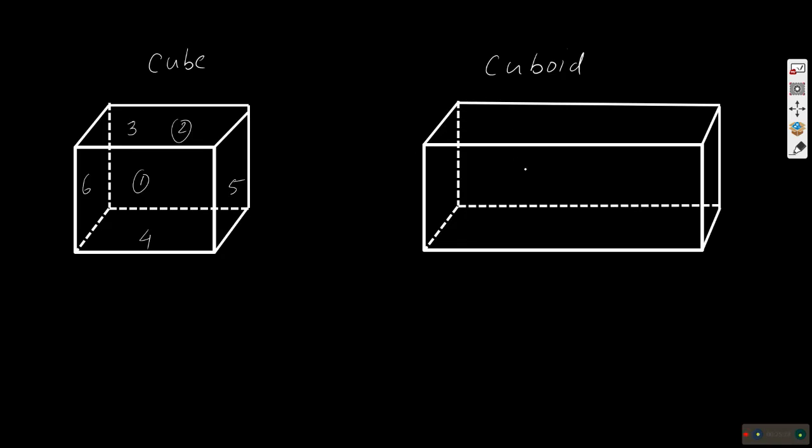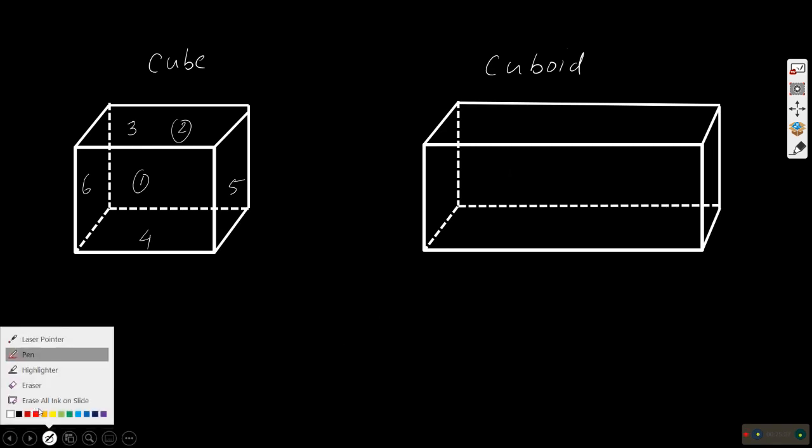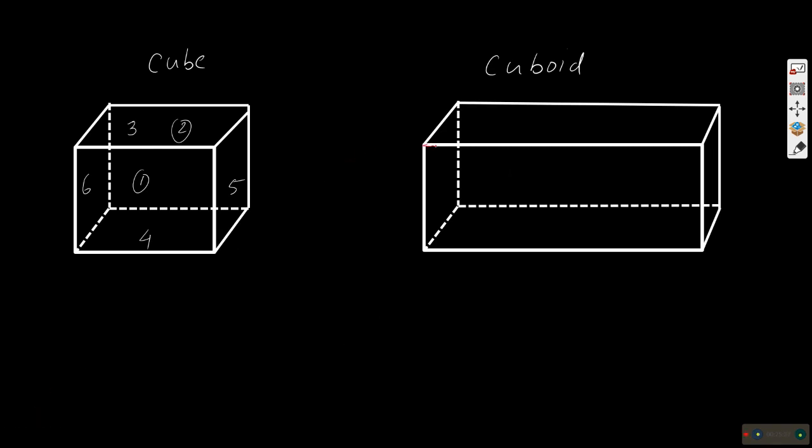Each face is a rectangle here. If I color it for understanding it better, this face, which is facing us, has a similar exact face over here, the back of it.